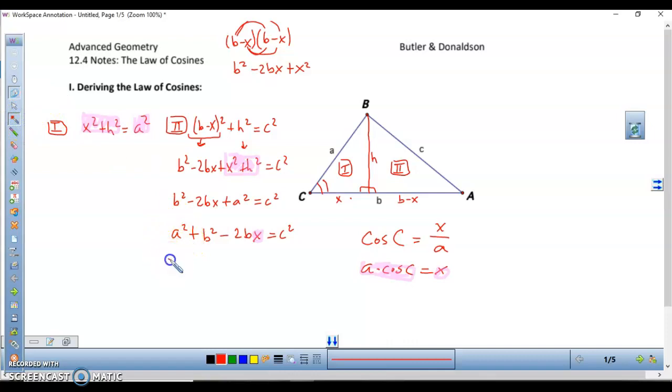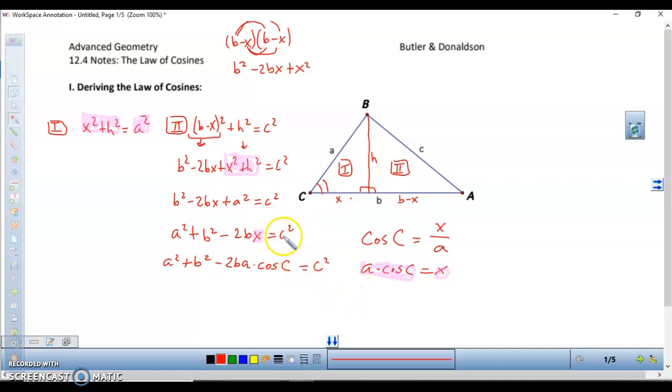So that will give me a squared plus b squared minus 2b, and then instead of x, I have a times the cosine of C. And then the last thing I'm going to do is use the commutative property of multiplication and just swap this a and b, simply because that's how the formula is written.